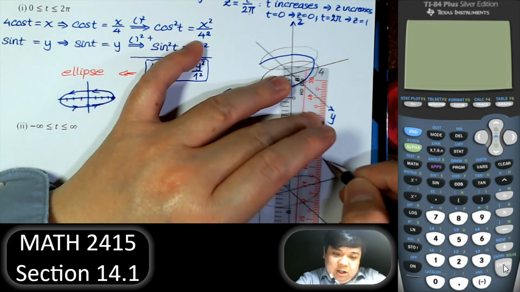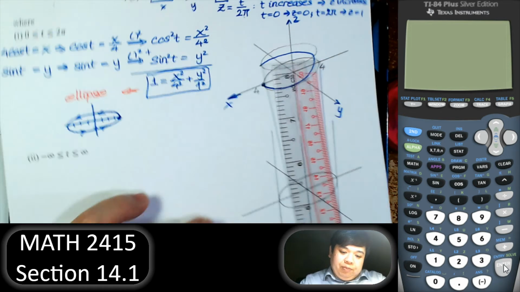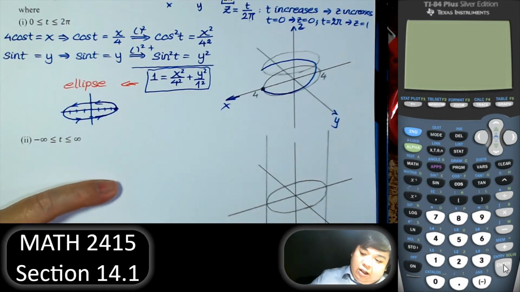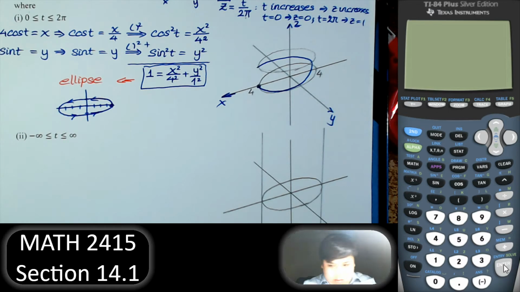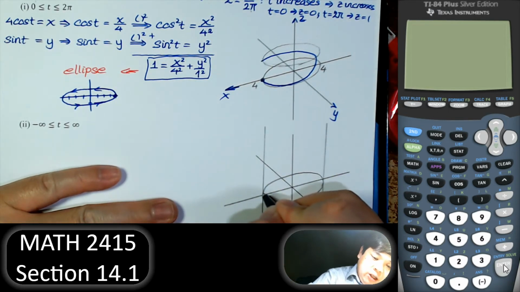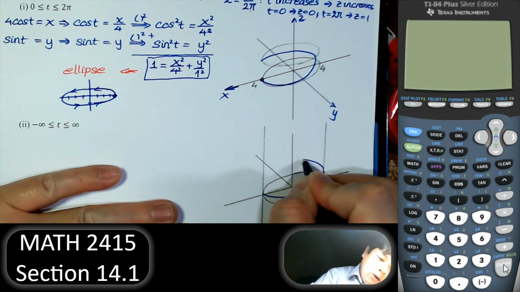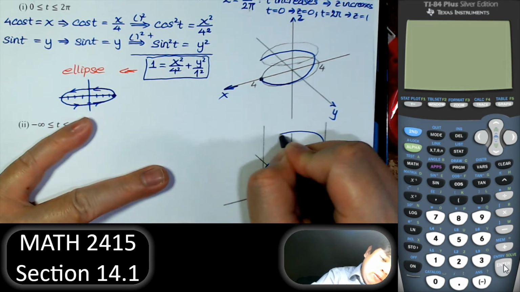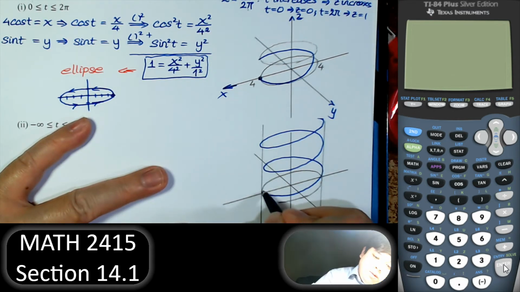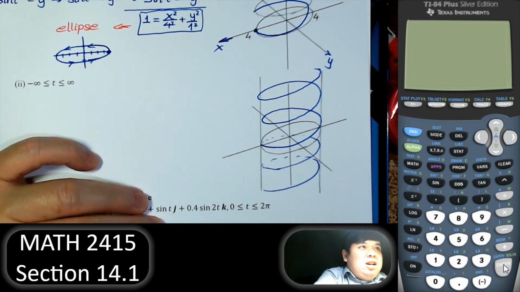So when t is between negative infinity and infinity, we start from this point and just go in a spiral like that, and in the other direction as well. So we just have a spiral like that.